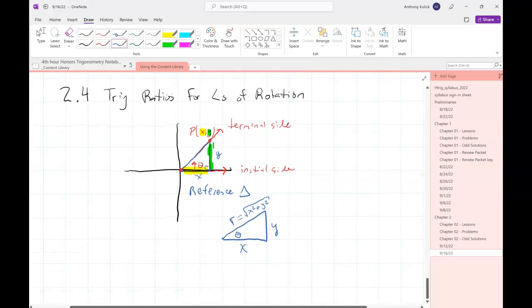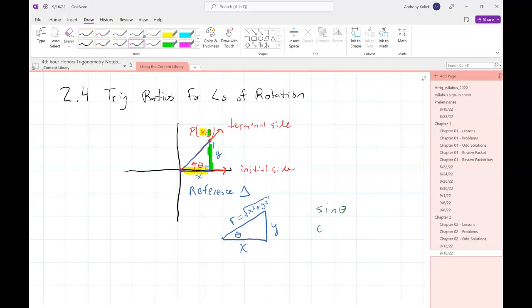So if I wanted to talk about my values for sine, cosine, and tangent, and equivalently my other three trig ratios, cosecant, secant, and cotangent: sine is, using the reference triangle, opposite over hypotenuse. Cosine is adjacent over hypotenuse.